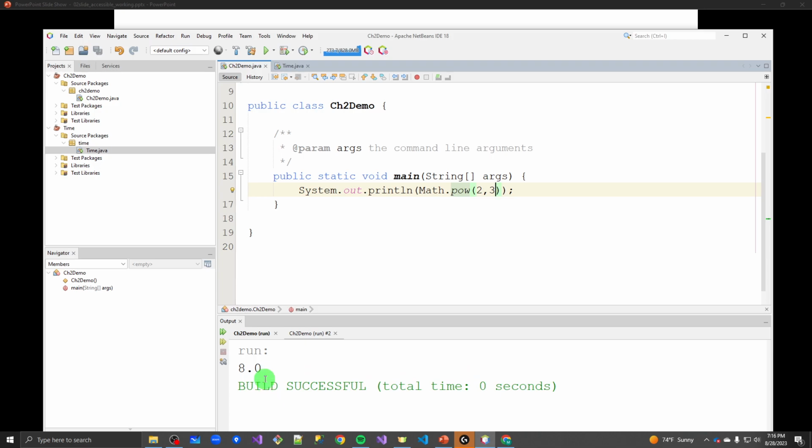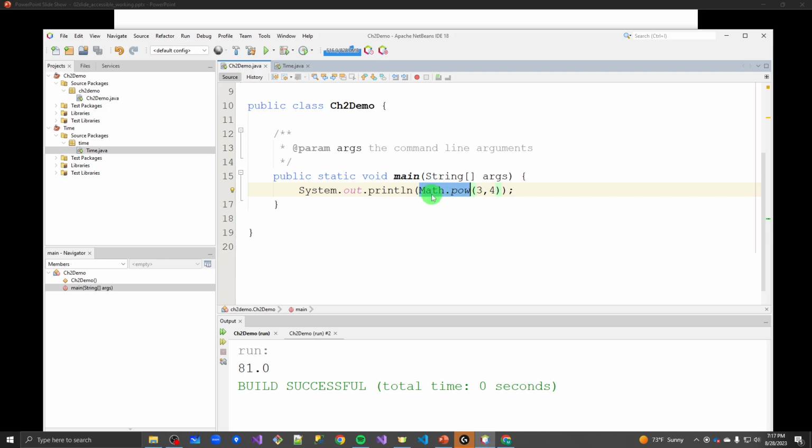And we get 8. Take 3 and raise it to the 2nd power. So 3 squared. 3 times 3 is 9. What about 3 to the 4th power? It's 81. 3 times 3 times 3 times 3. So that's how Math.pow works. We use that for exponents. Anytime we need to raise something to a power, we call Math.